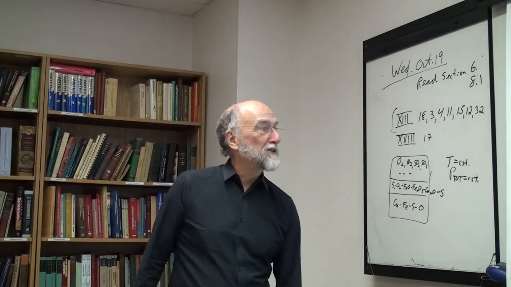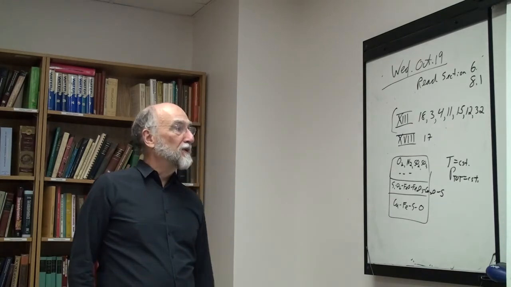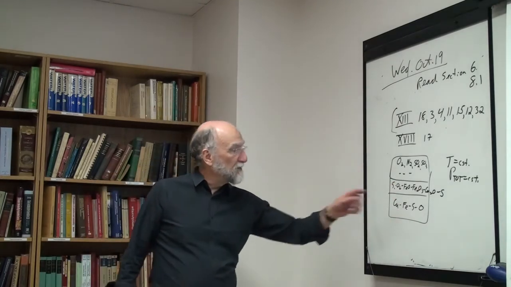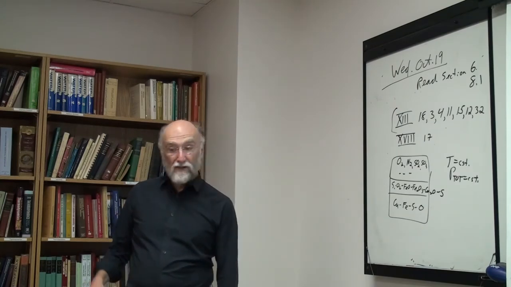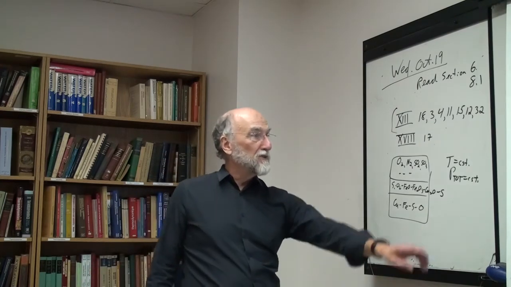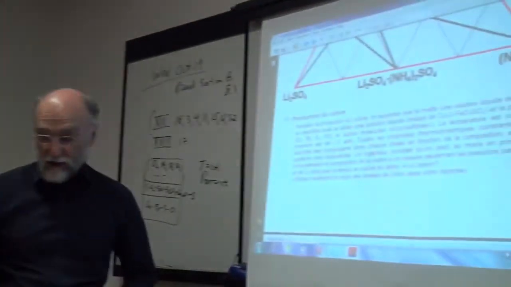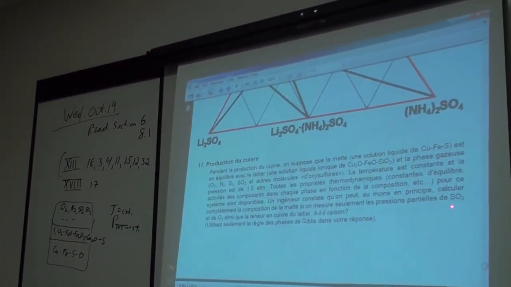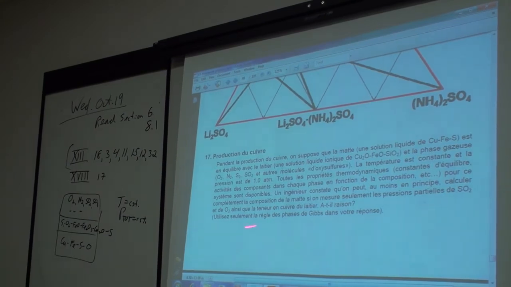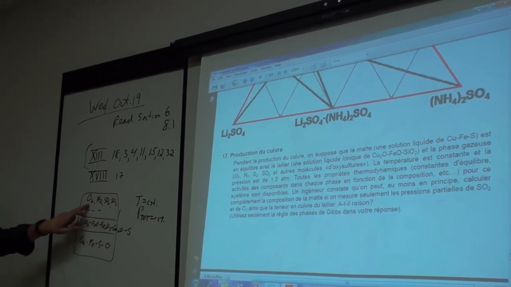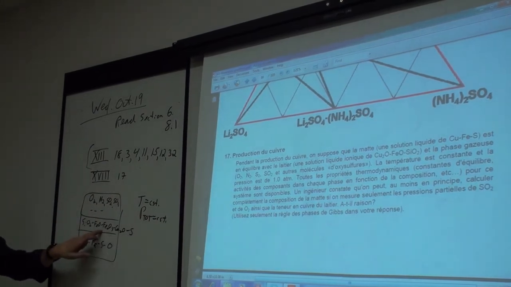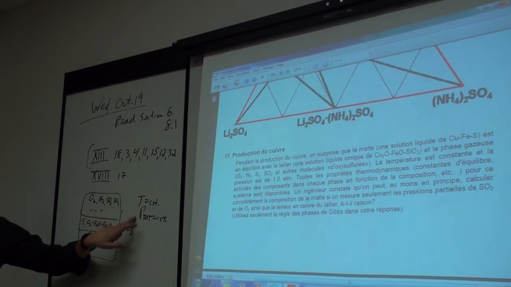An engineer says that, at least in principle, he can calculate the composition of the matte phase using the thermodynamics as long as he makes some measurements. He says that all he has to do is measure the partial pressure of SO2, the partial pressure of oxygen, and the sulfur content of the slag, weight percent sulfur in the slag, and then knowing the temperature and pressure too, of course.